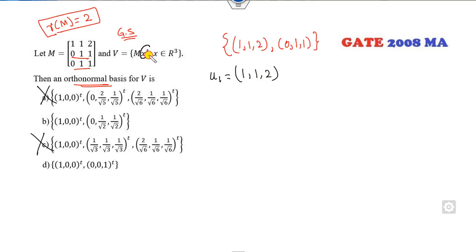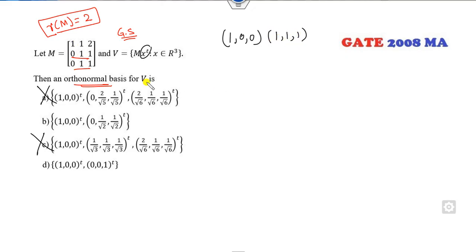Now you can see this is X transpose. This is X transpose. So you have to write it like a column. This is the first vector and this is the second vector. Again, you can see C1 plus C2 is nothing but C3. Fine. Now the first vector will be 1 0 0.